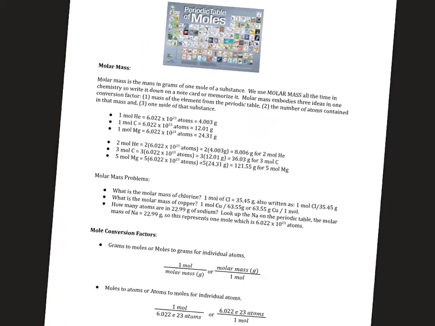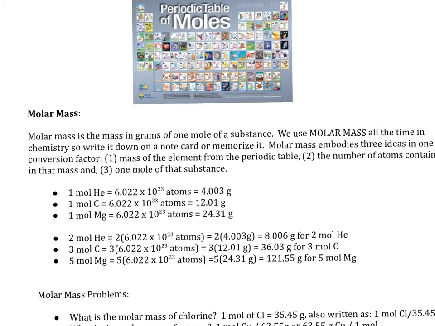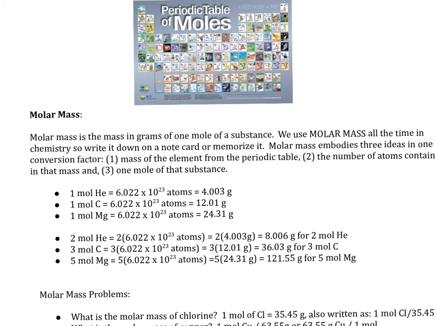So molar mass. Molar mass is usually attributed to the mass of compounds or molecules, but I'm going to use it in general to talk about the mass that we will use when doing mole conversions. So if you were to have 1 mole of helium, it would have that many atoms, and it would have that mass. I got that mass from the periodic table.